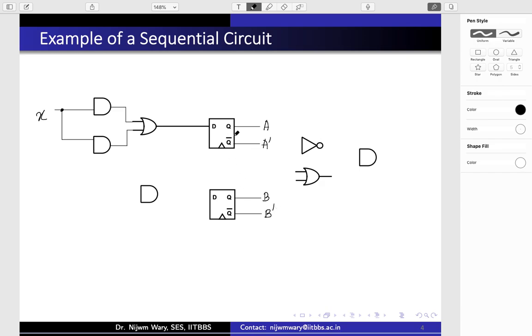Because I have two D flip-flops, I can have two different states. This can have 0 and 1, this can have 0 and 1. So basically here we can have 2 into 2, that is 4 different states of this complete sequential circuit. We'll come to this point in more detail a little later.